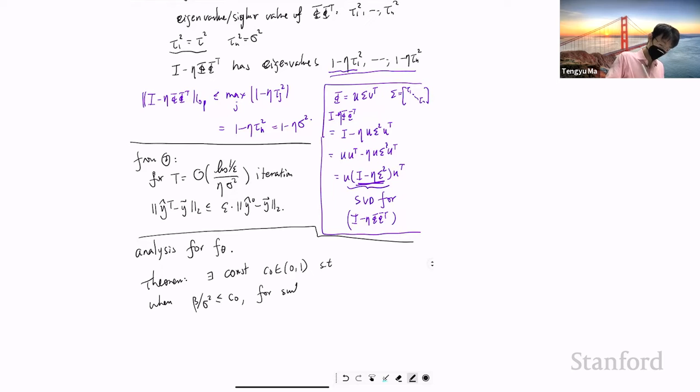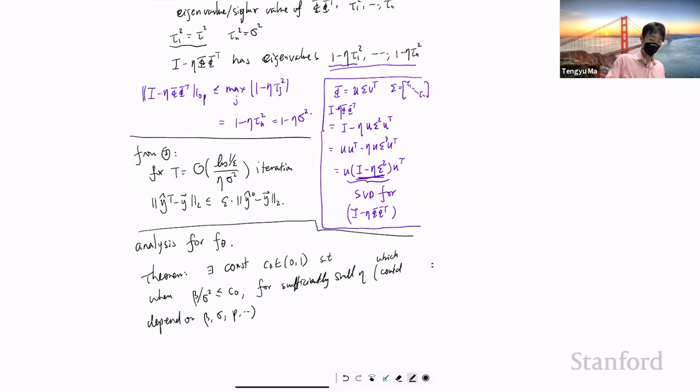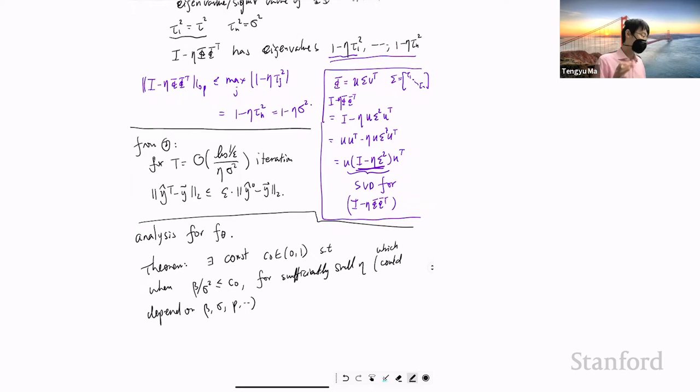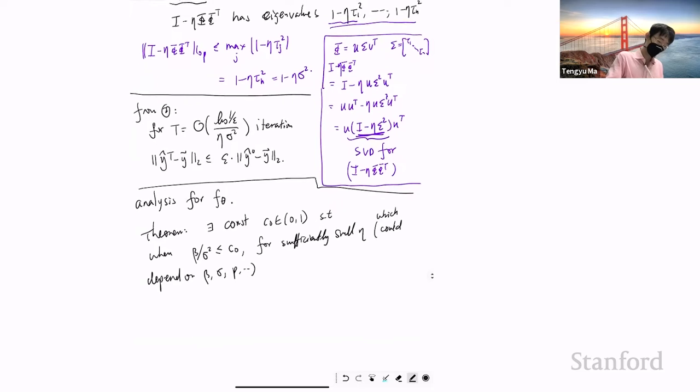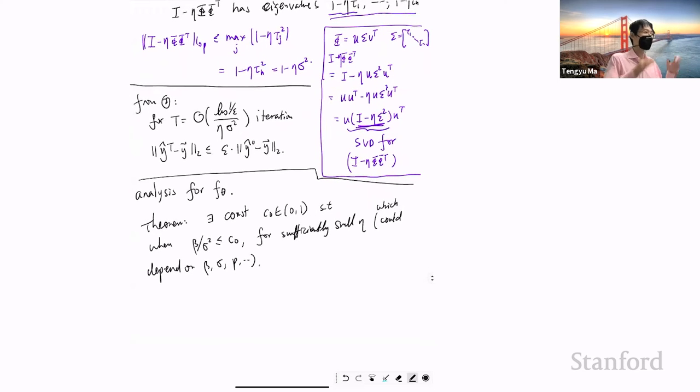for sufficiently small eta, which could depend on beta, sigma, maybe the dimension p, and so on and so forth. I think you can have a concrete bound for how small eta has to be, but I want to hide these details so that the expression is not too complicated.